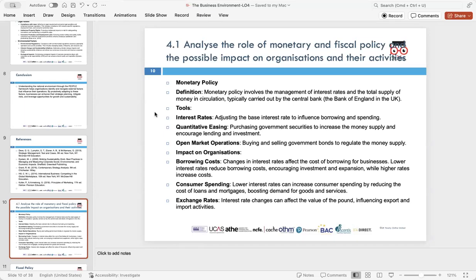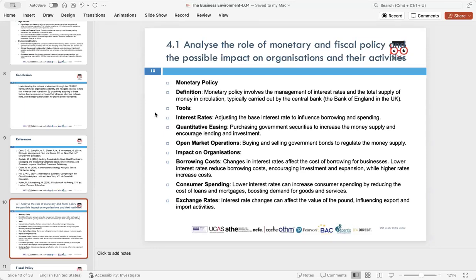So, definition and tools of monetary policy. Monetary policy involves adjusting the base interest rate and controlling the money supply to influence economic activity. The primary tools used in monetary policy include interest rates, quantitative easing, and open market operations.